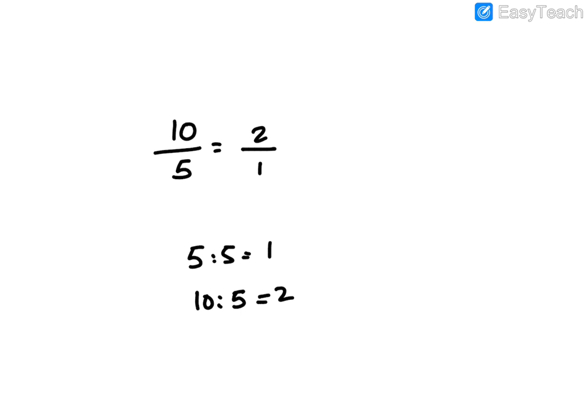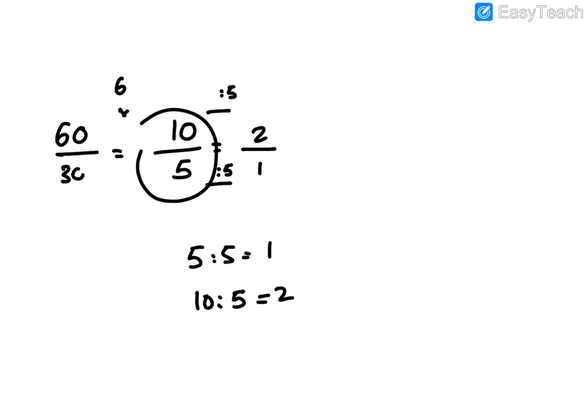So this is an equivalent fraction, because we have divided this and this by 5. Okay, we can do it when we want to minimize it, or when we want to get it bigger. So imagine that we want to make this fraction bigger, so we can multiply by 6, so it would be 60 and 30.